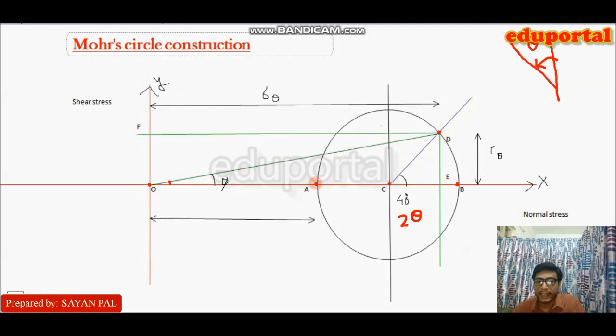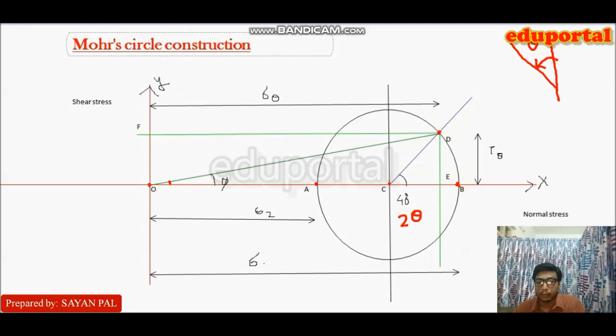Because A indicates the minor principal stress point, OA is sigma 2, the minor principal stress, and OB indicates the major principal stress, sigma 1.